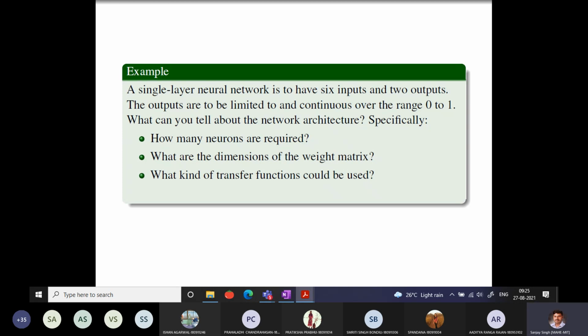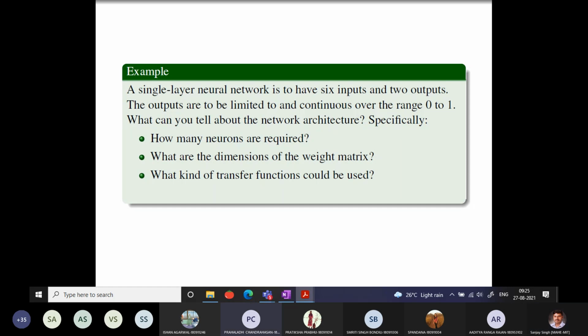How many neurons are there? So 2 neurons. Okay. That is because it should be a single layer neural network. So we have 6 inputs, and the output will have 2 outputs which are required.